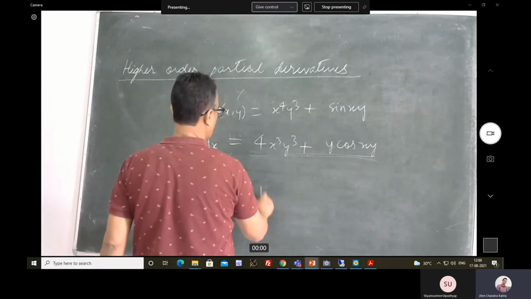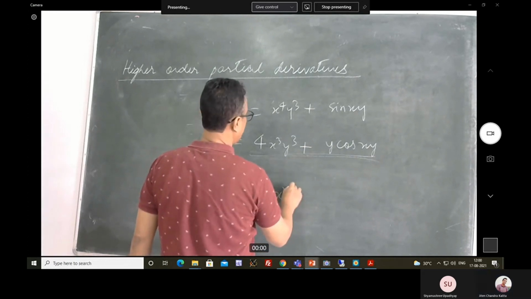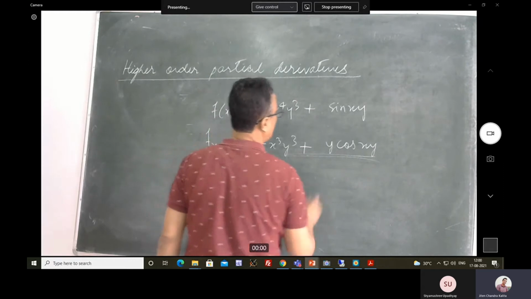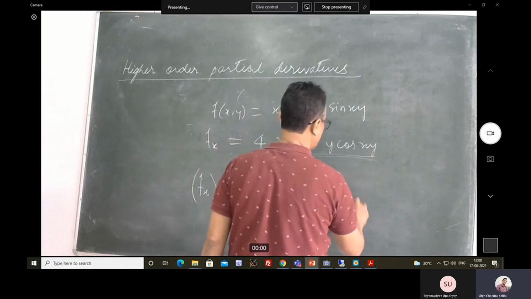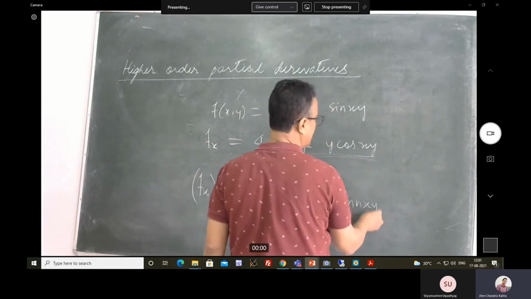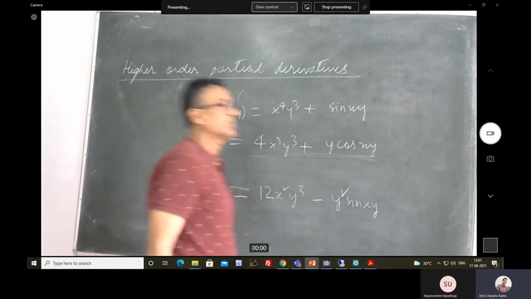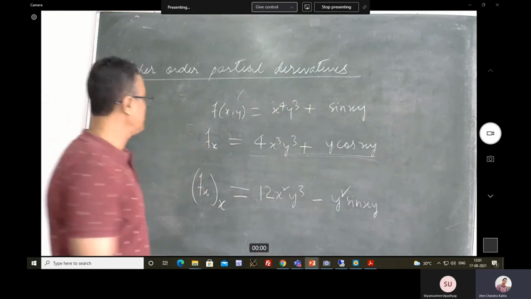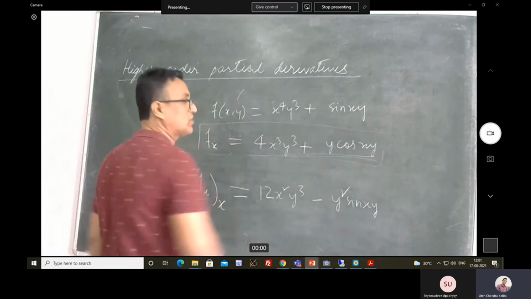That is going to give me 12x squared y cubed, and then for cos I am going to have minus sin xy, and from here another y is going to come, and along with this is going to be y squared sin x. Okay, fine. And I can find the partial derivative of this with respect to y as well.